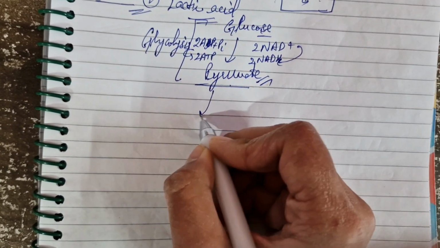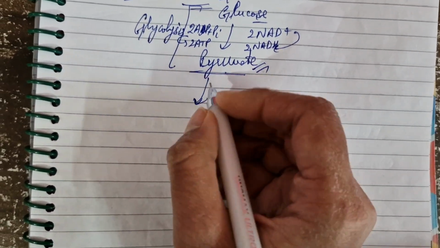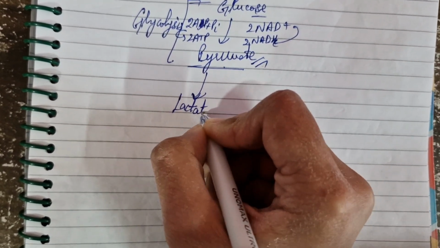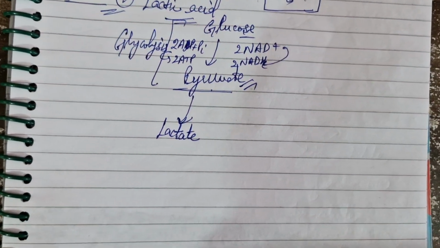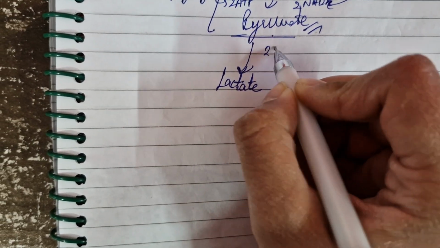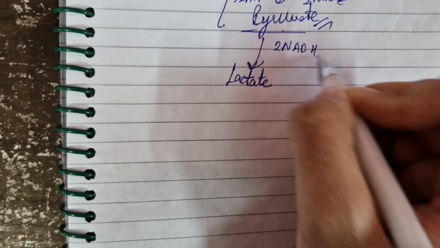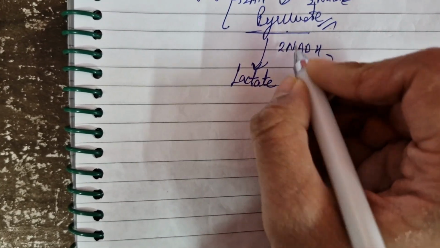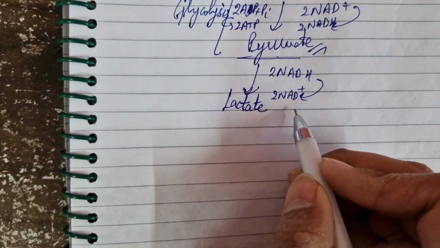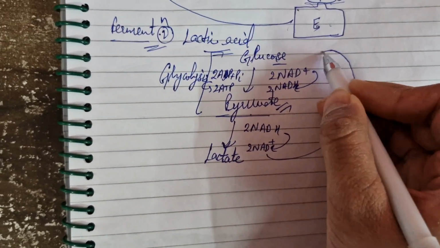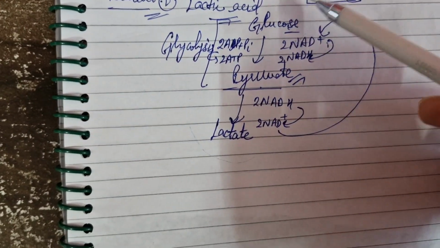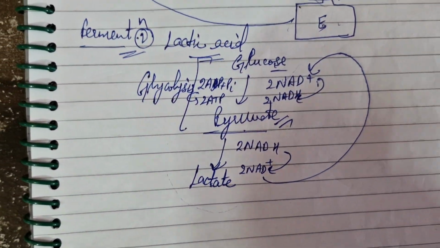Now this pyruvate gets converted into lactate, along with the conversion of 2 NADH into 2 NAD plus, which are again utilized in this step to continue the cycle.